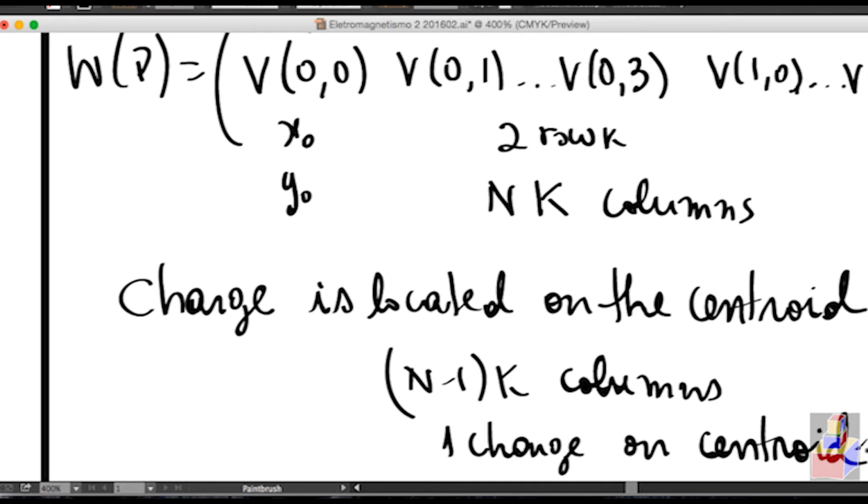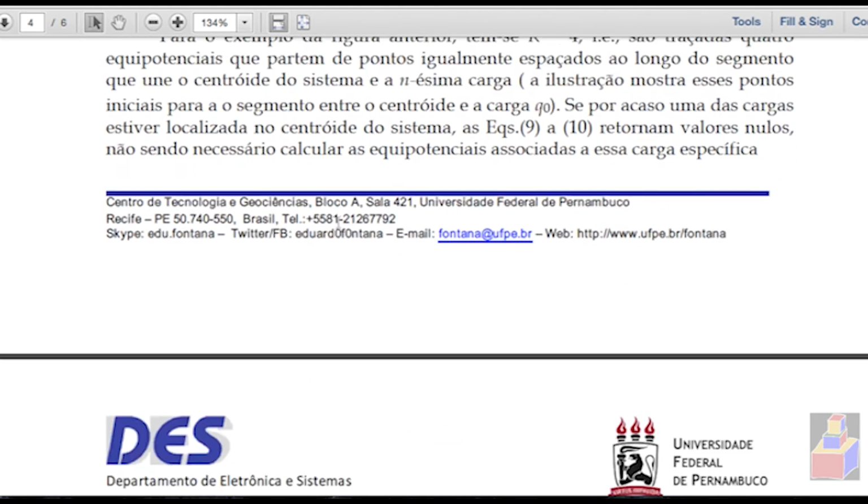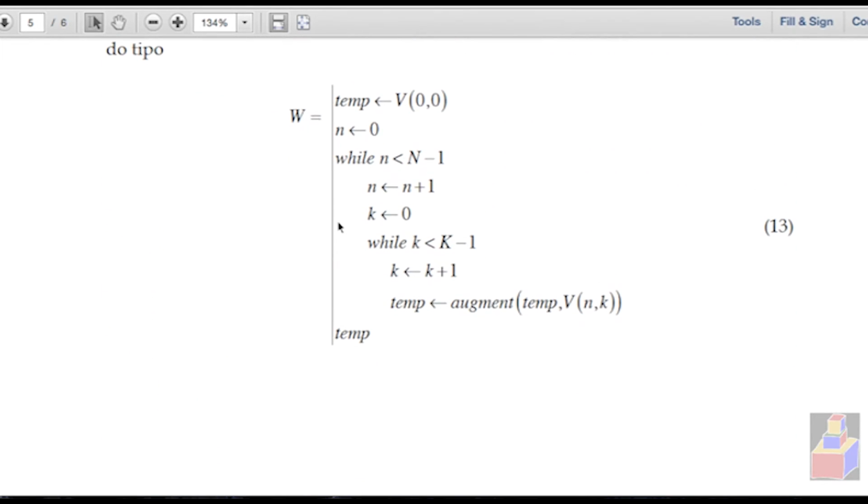So, all you have to do is solve the difference equation in a way that you guys already did before. And the other thing is implement a block to calculate this WP, which I'll make a suggestion here for you. Okay? Small program block. You calculate the formula, you calculate the coordinates, and you just pile together the initial coordinate using augment in this block here.